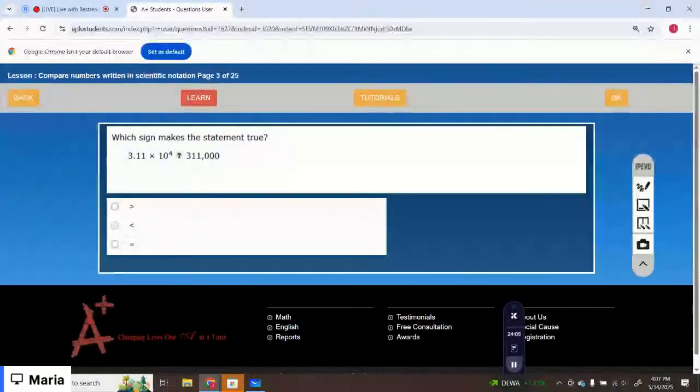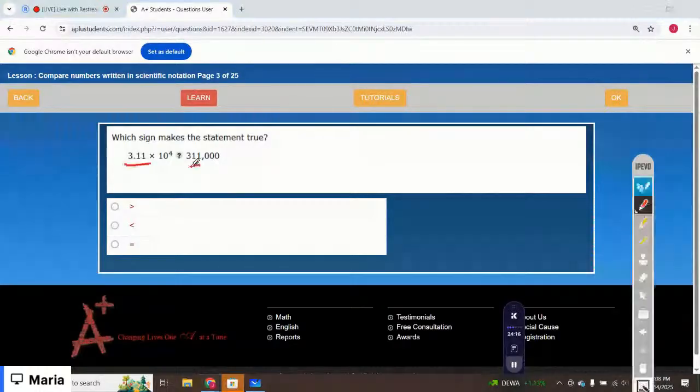So let's just convert. I cannot compare them until they are in the same form, right? One of them is in scientific form and the other one is general form. Let's just convert it into scientific form.